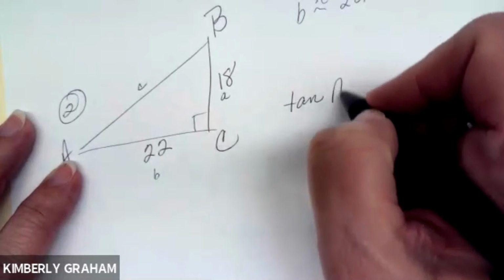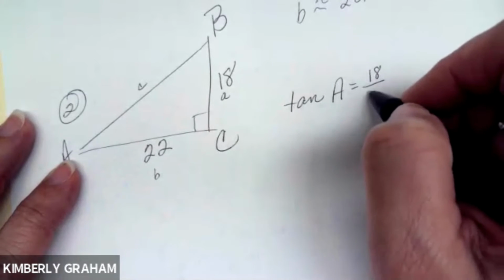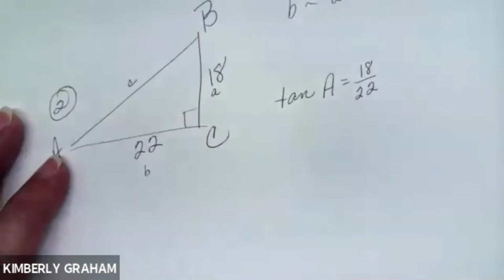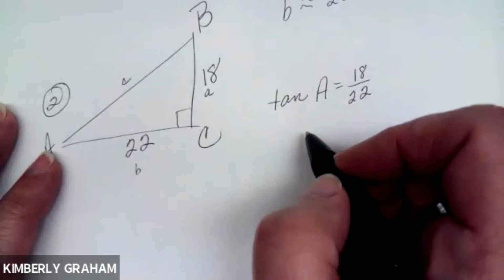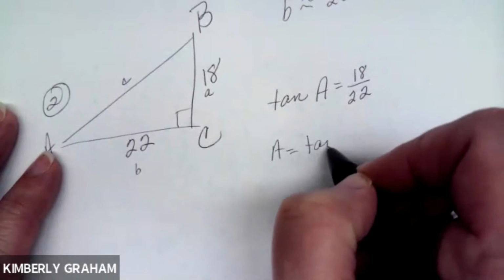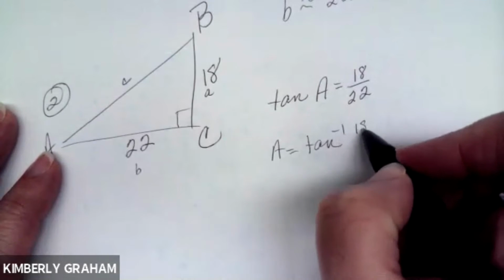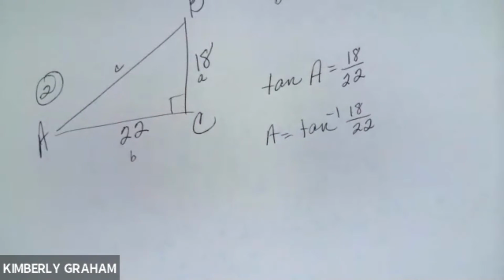The tangent of angle A is opposite over adjacent, 18 over 22. So that means that A is going to equal tan inverse of 18 over 22. So you have to be sure that you know how to put that into the calculator.